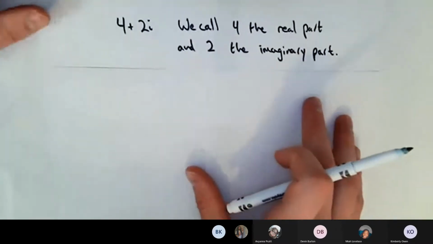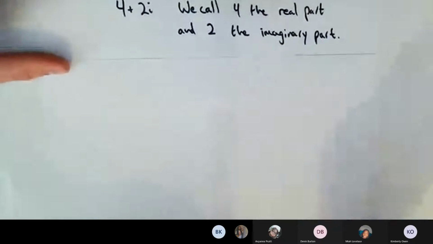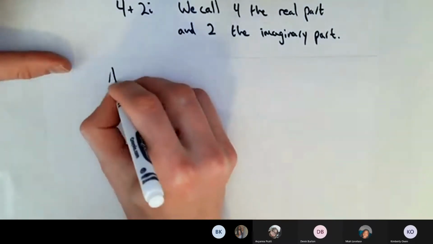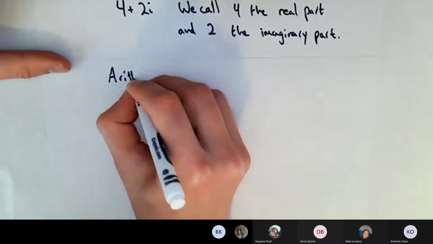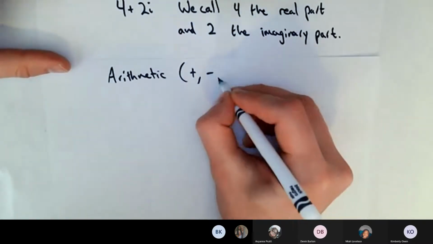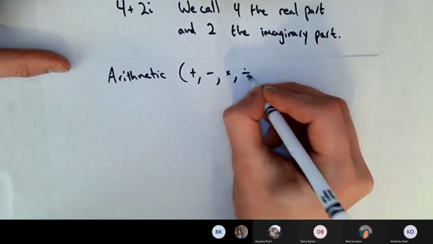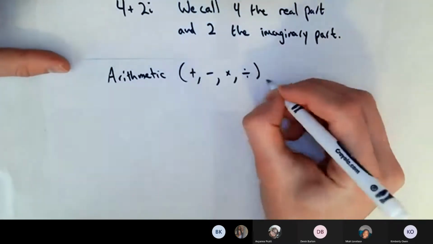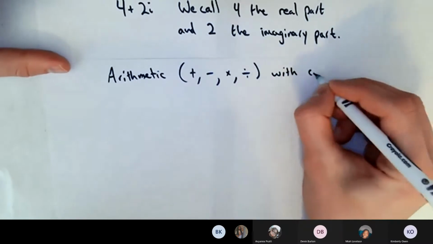So let's keep going from here, and let's talk about, now this next part is going to be very nice and intuitive, and that is arithmetic. And by the way, arithmetic means the four fundamental operations. Arithmetic with complex numbers.